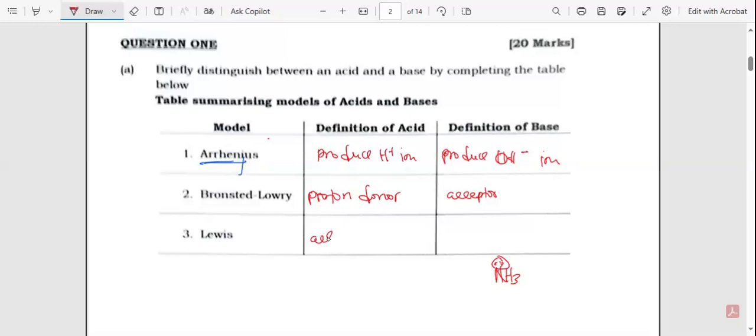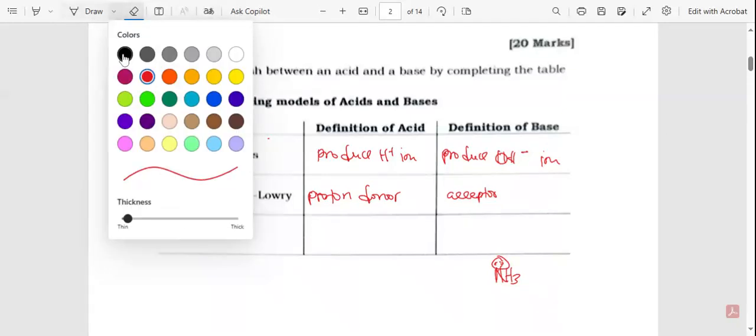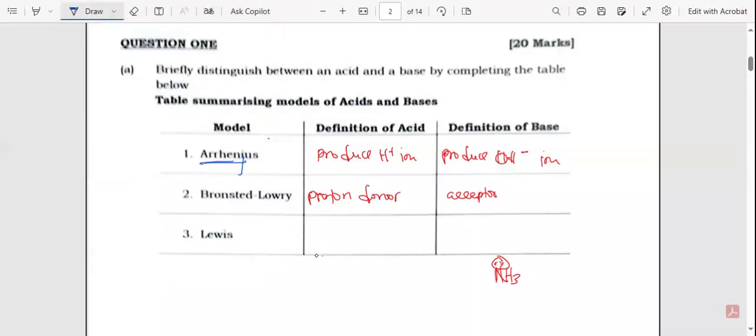Something that accepts an electron pair is called an acid according to Lewis. He said electron pair acceptor.